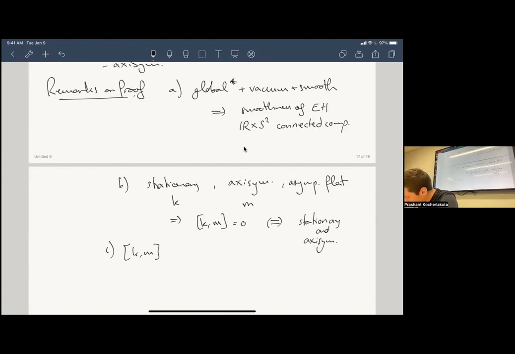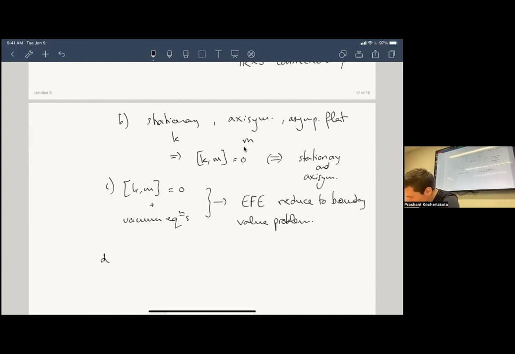So when these guys commute, plus the vacuum equations, then you can show that the Einstein field equations reduce to a boundary value problem. And then you study the solution space of these. Let's call this star.